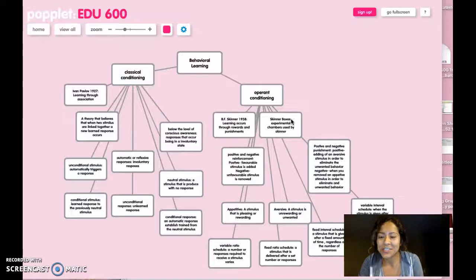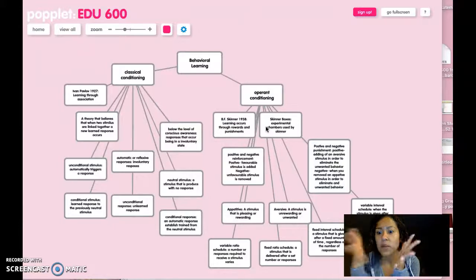So he used the boxes to record findings or observations for his experiment. And then that's how I imagine his theory came about, by the use of the Skinner boxes.